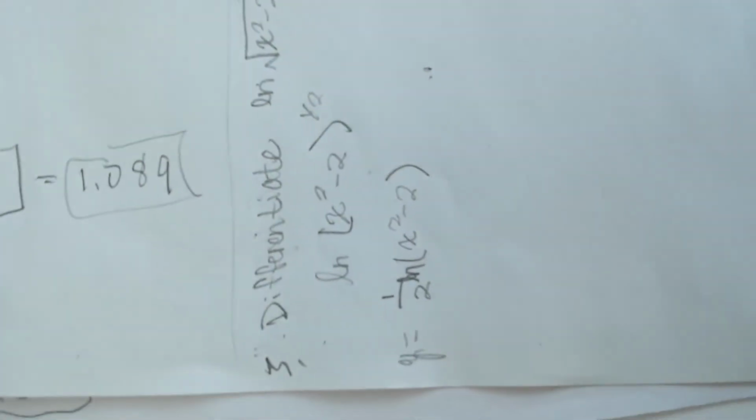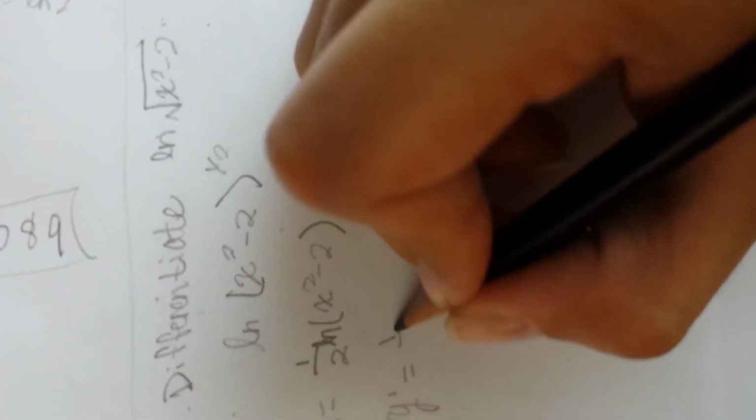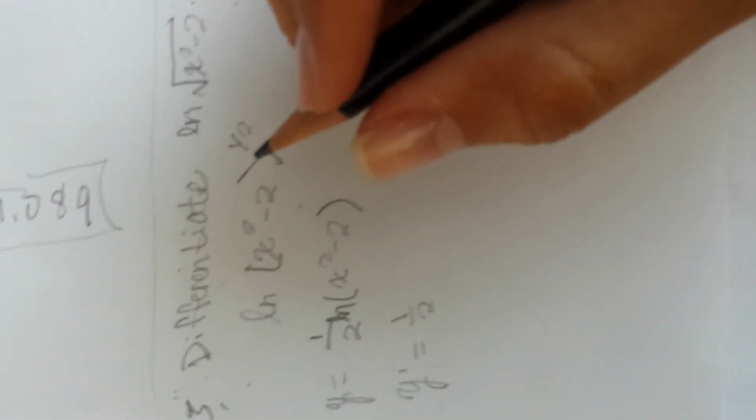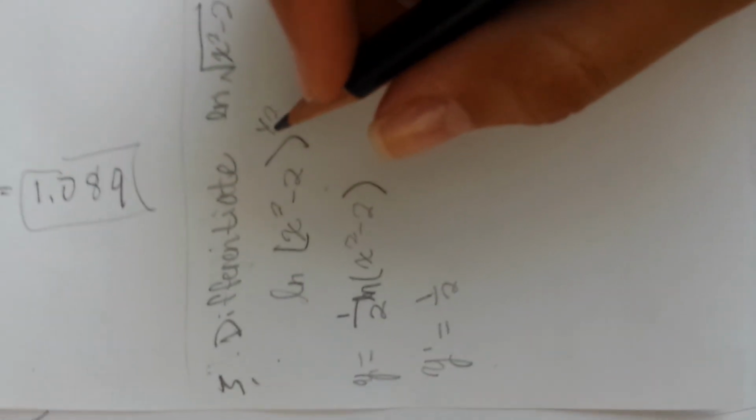So you need to take the derivative of this. Oh, I forgot the ln. 1/2 ln. That's very important. Don't forget that. You can't forget that. Okay, so y prime is equal to 1/2. And then when you are taking the derivative of a natural log, what you do is derivative of the stuff over the stuff.